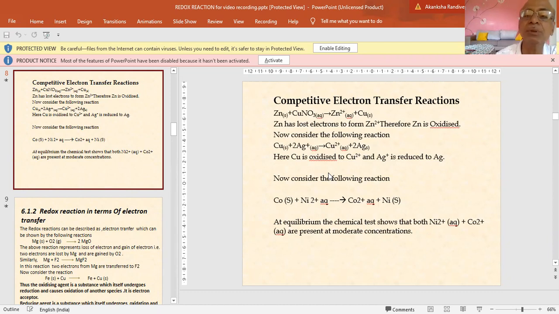And in the third example, cobalt solid plus Ni2 plus aqueous gives cobalt 2 plus aqueous plus nickel solid. At equilibrium, the chemical tests show the presence of both Ni2 plus as well as Co2 plus in an aqueous solution at moderate concentrations.